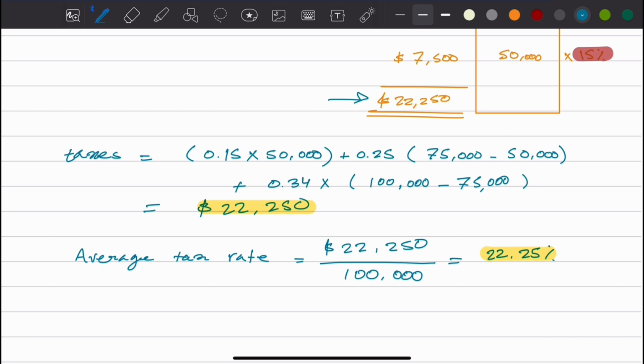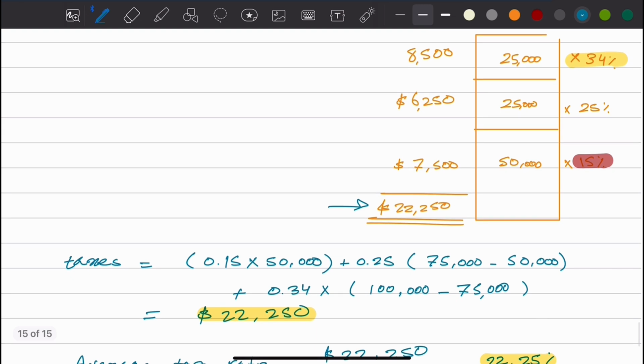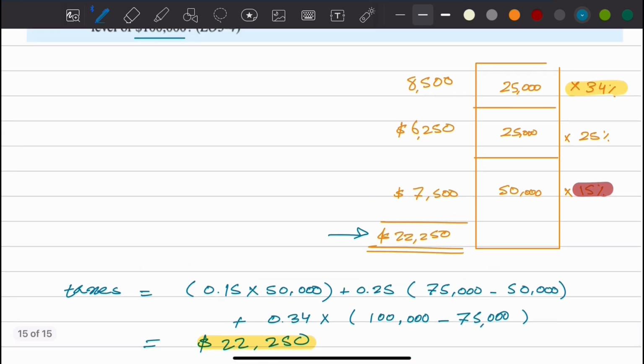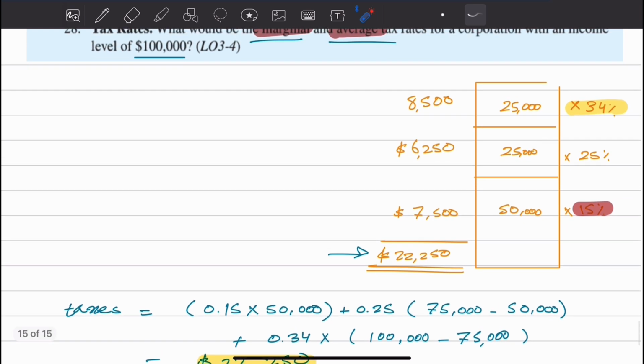Since the company has already reached the top or the maximum tax rate, which is 34%, any extra dollar that they're going to generate in income on top of this $100,000 is going to be taxed at 34%.